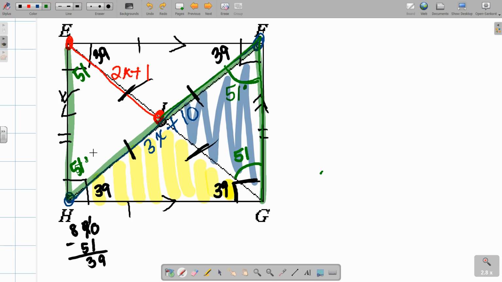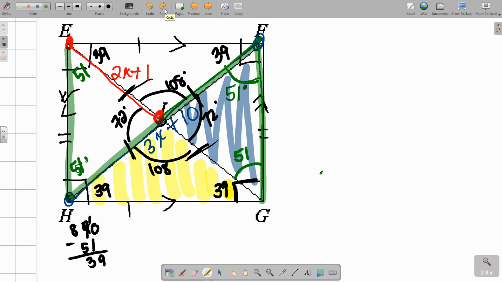There's a ton of information. And then because triangles add up to 180, 51 plus 51 is 102. Take away from 180, and of course we get right here, we get 72 degrees, which makes this 108, 72, 108. You can double check your math, of course, because this is going to add up to 360.